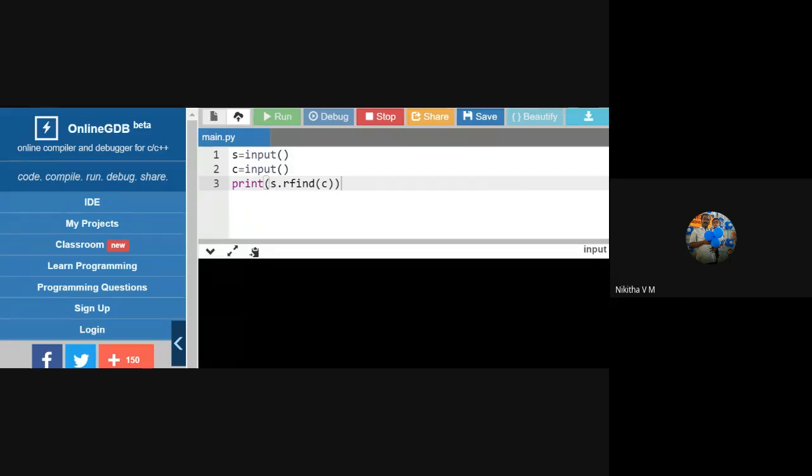Python only. But that's rfind, right? We are supposed to get two letters in the same string. Only then we will understand whether it is giving us the last occurrence or not.